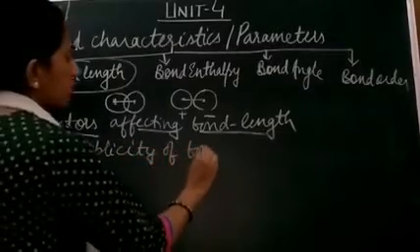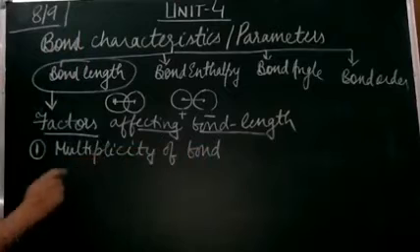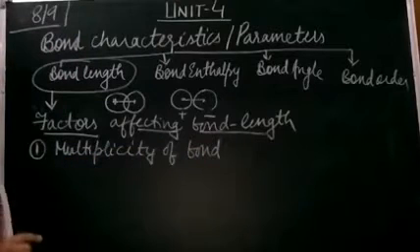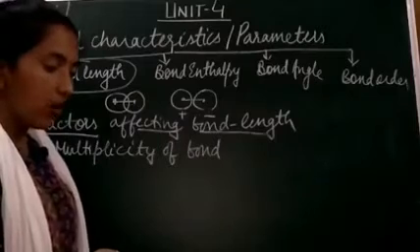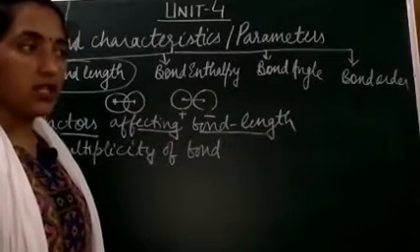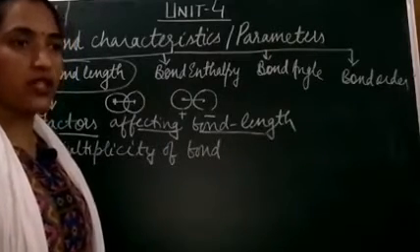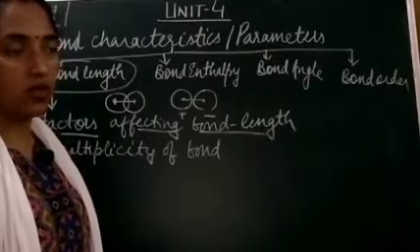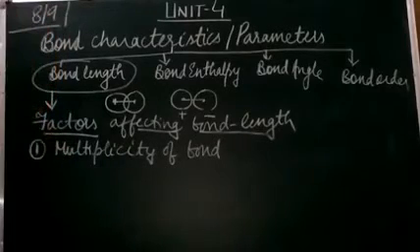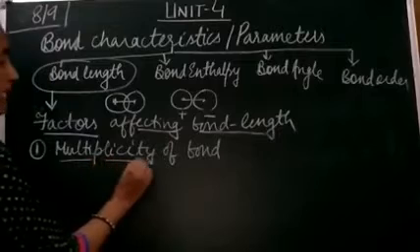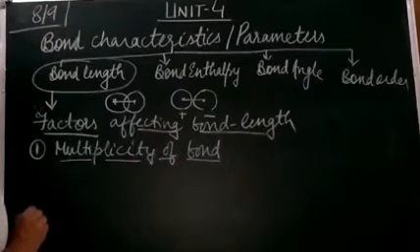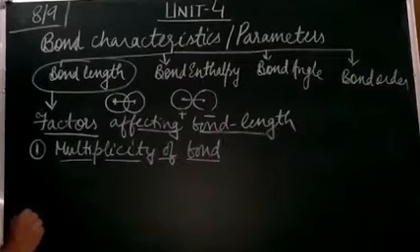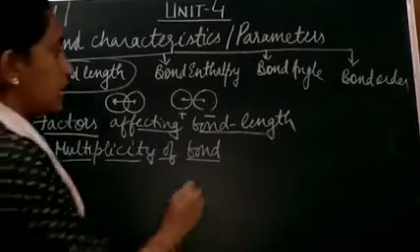Now student, what do you mean by the multiplicity of a bond? It means that for the two bonded atoms, how many shared electron pairs are present there. That means whether it is one electron pair, two or three, right? So if the number of bonds is more between the two bonded atoms, then the bond length is going to be less, right?